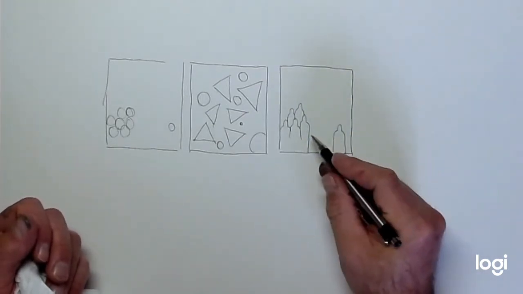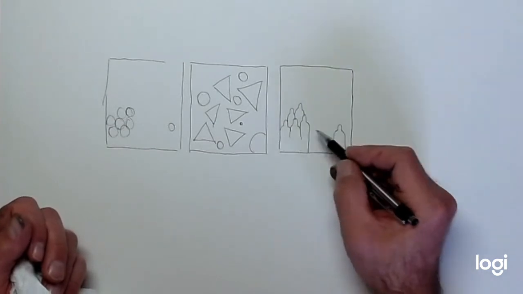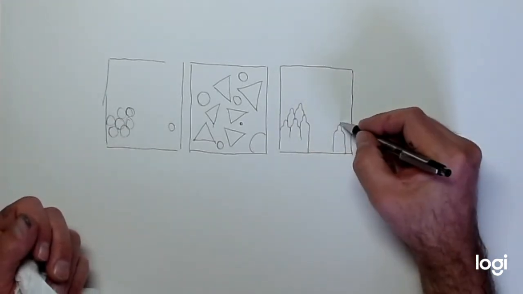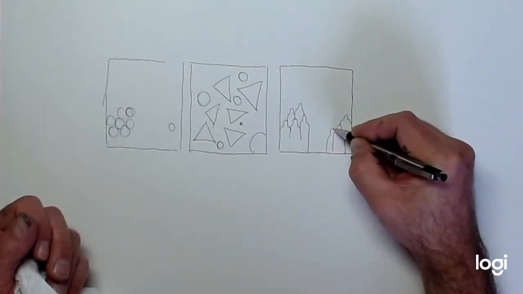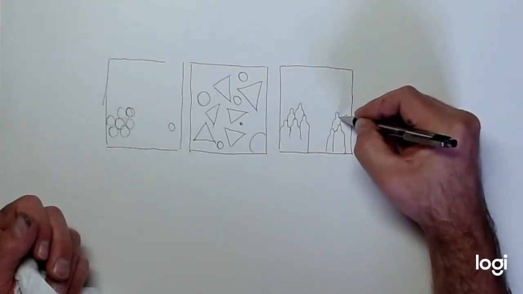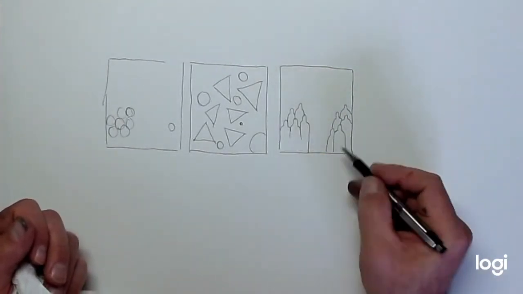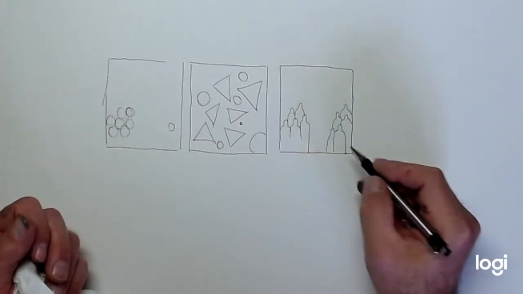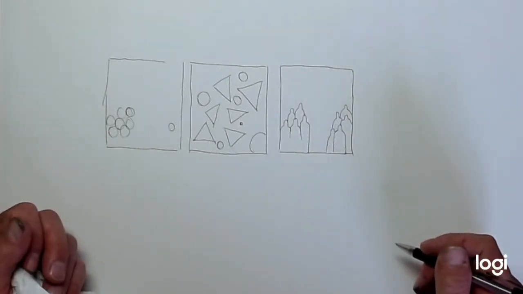So this person is going to stand out. Somehow this person is going to be read as against all of those people. Whereas if I do this, now there's no dominance. Now what I have is two equal groups, and I'm saying something entirely different.